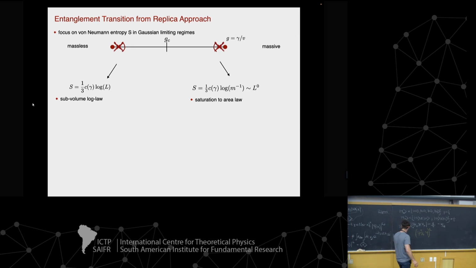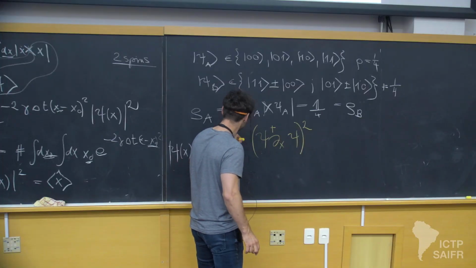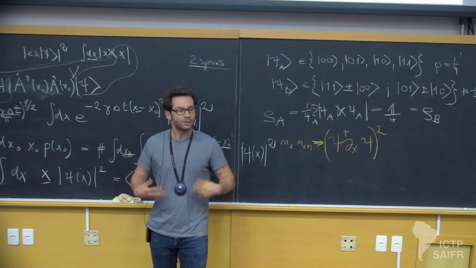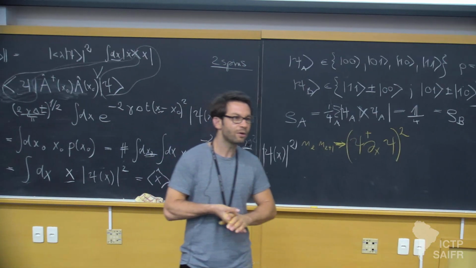In a discrete language, it would be NL plus 1. So that goes to this long wavelength, and then we preserve this log law.